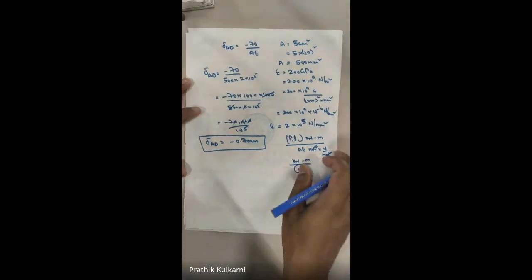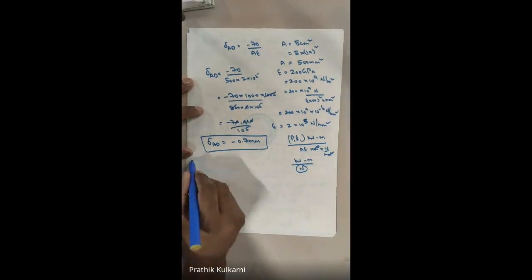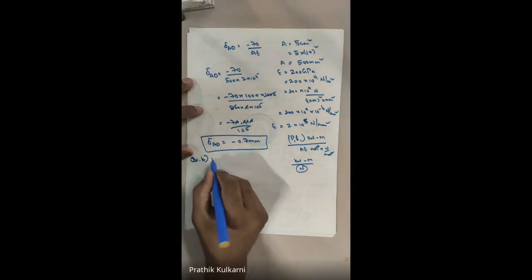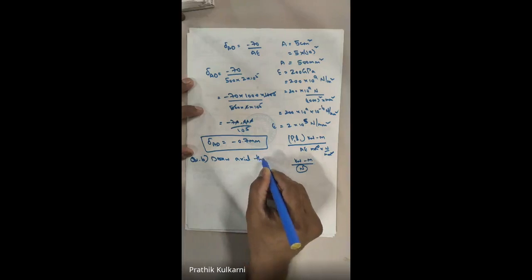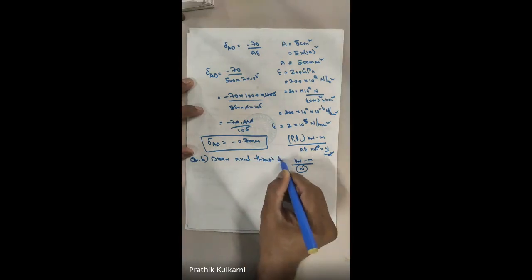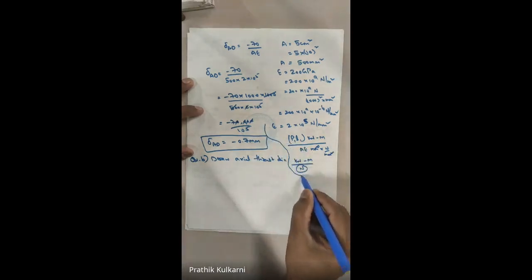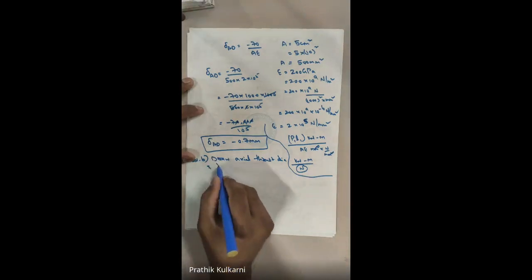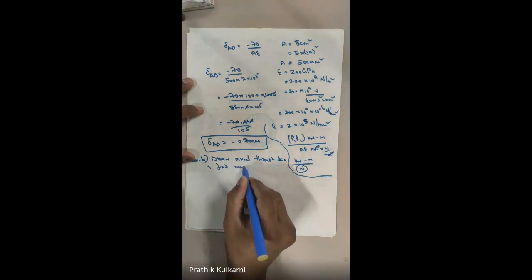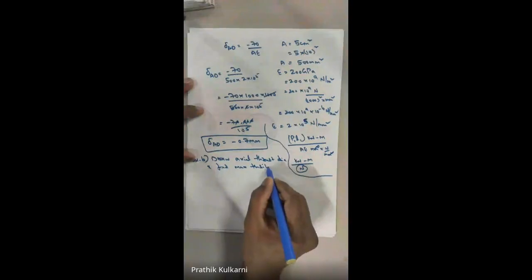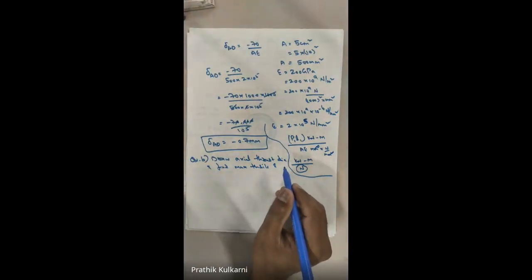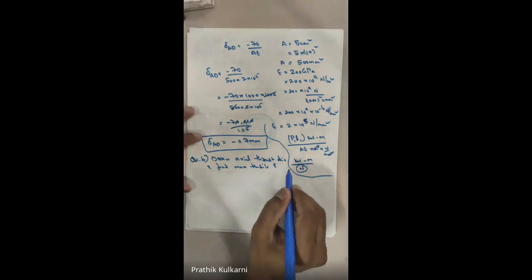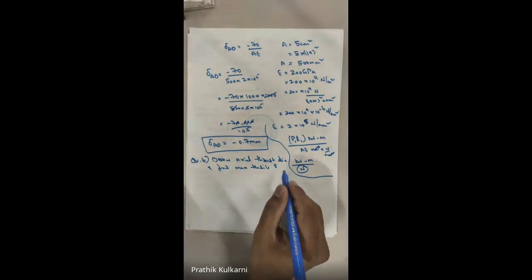So for the same problem, for question 1 only, let us draw the axial thrust diagram. Does anyone know the axial thrust diagram? And find the maximum tensile and compressive stress.